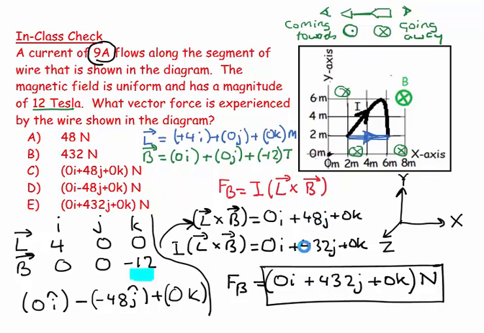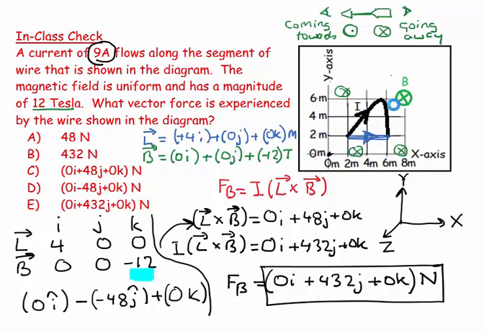So this question involved being able to interpret the diagram along with the text, and then it involved understanding the true definition of L, which is from the beginning of the wire to the end of the wire, a straight line in the direction that the current flows, and I had to be able to make up that vector.